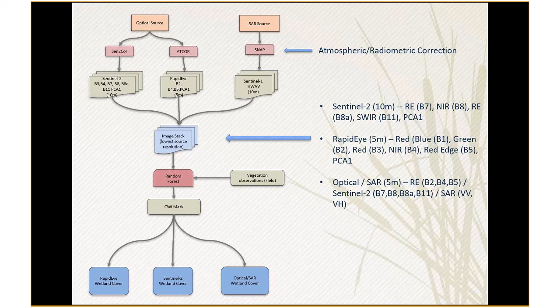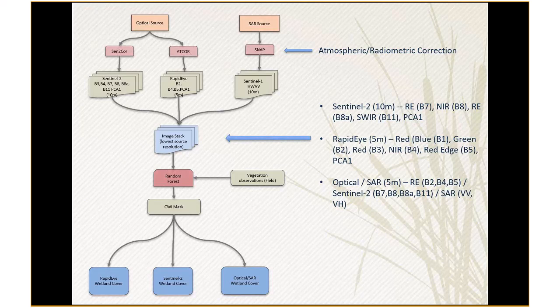The first one being primarily Sentinel. You can see the bands that we incorporated, the RapidEye data, and then kind of had a flyer there where we fused optical and SAR data. Basically all bands, the red edge, the Sentinel bands that we use, plus VV and VH from Sentinel-1.